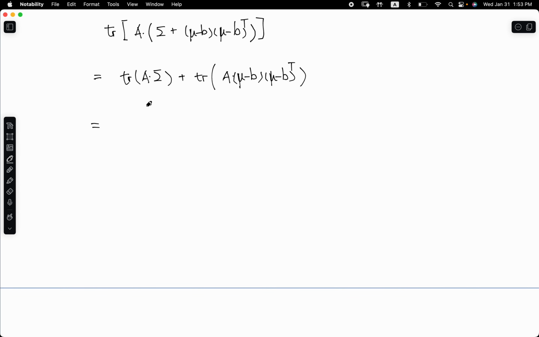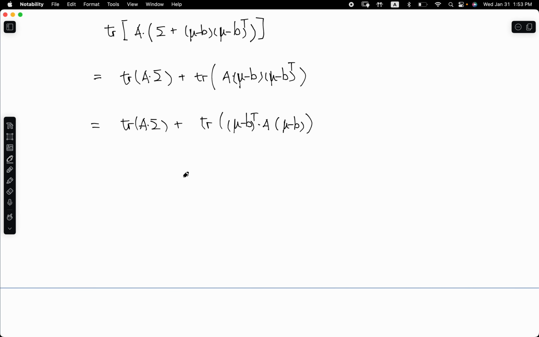Okay, so this, let's make it stay the same, and we are going to change the order using the cyclic rule. So write it in terms of this, closing the trace.